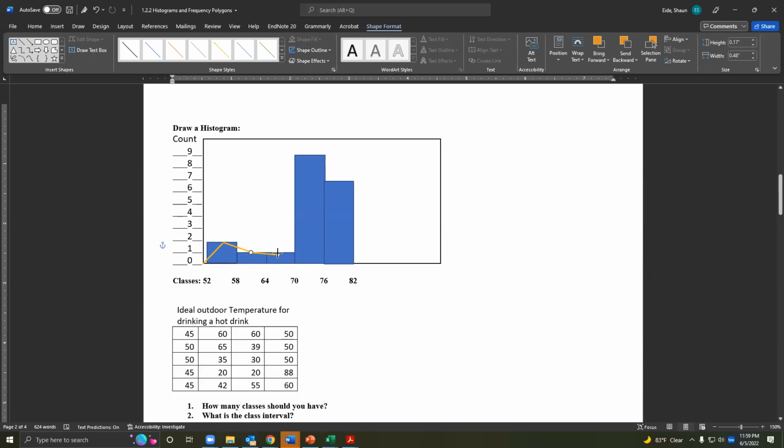Then you go to the next midpoint. Okay, and so this right here is a frequency polygon.